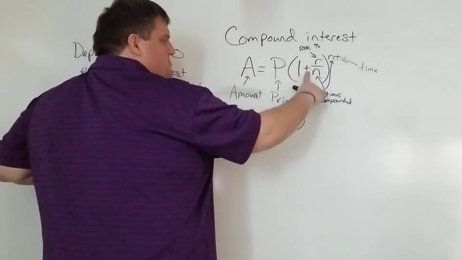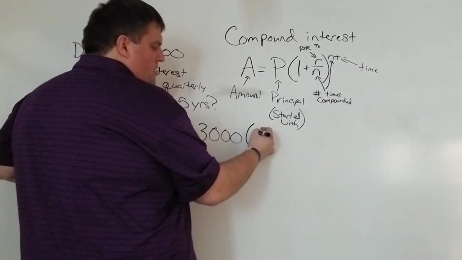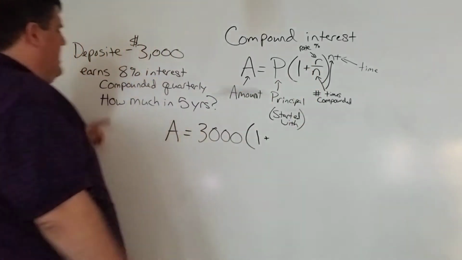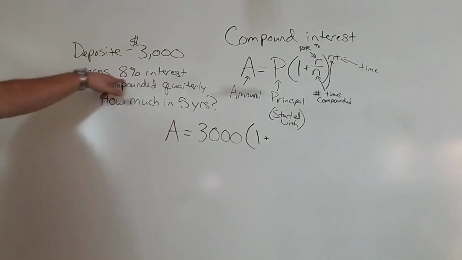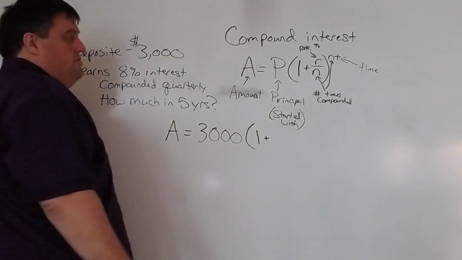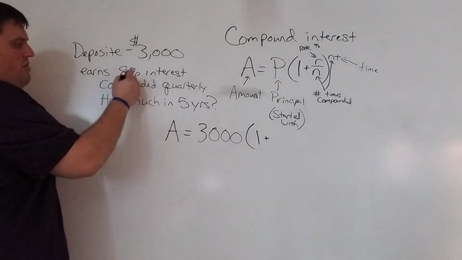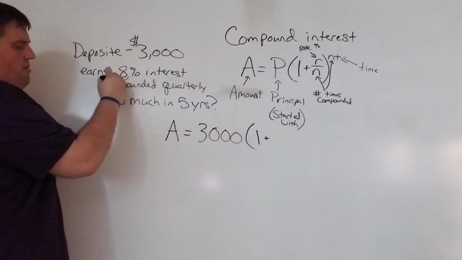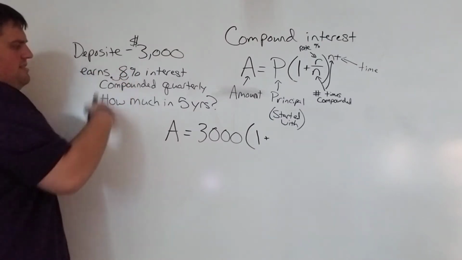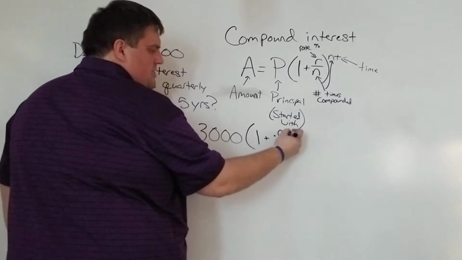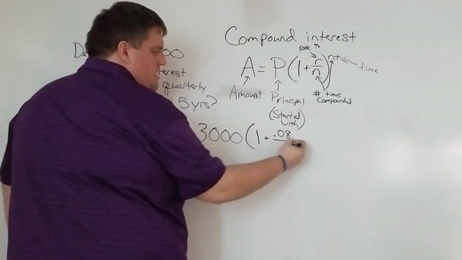So that's where this plus sign comes in here. We're always just going to do 1 plus our rate, which is 8%. But we have to change it to a decimal. So hopefully you all know when you're changing a percent to a decimal, we just divide by 100 or move it back 2 decimal spots. So that's going to be 0.08 for the rate.